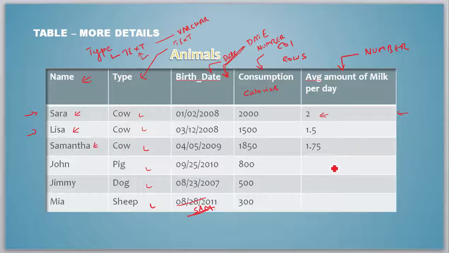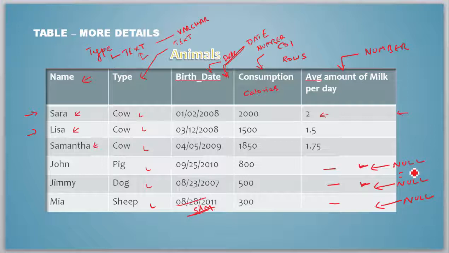Here, if you notice, there are no values here. In the database world, these are called null values. That means the value is not defined. A value that doesn't exist is not equal to another value which doesn't exist. They are just called null. That's it. And null is not equal to another null.